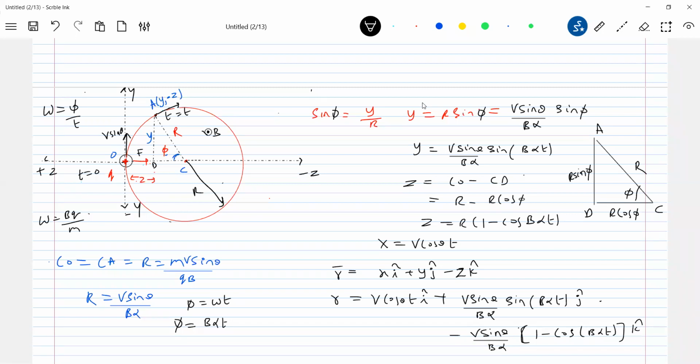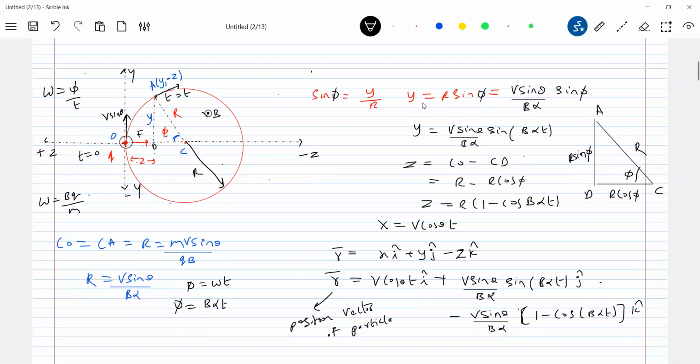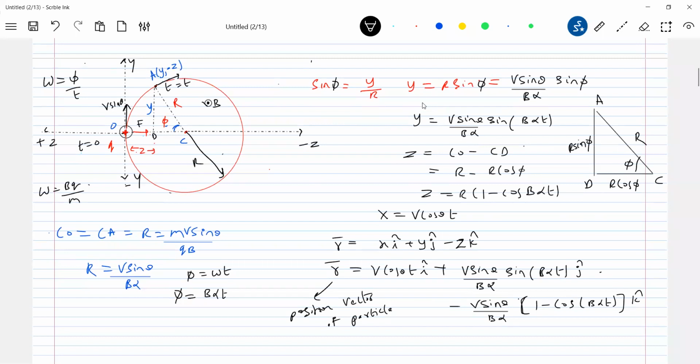Okay, this is the position vector of the particle. Is that okay? So at any instant of time, what is the position of the particle? Substitute the t, you are going to get this one.